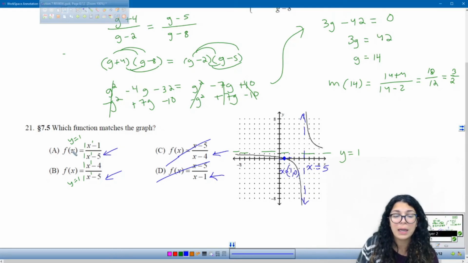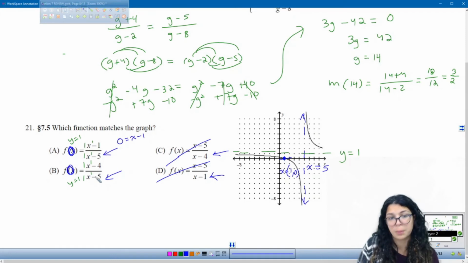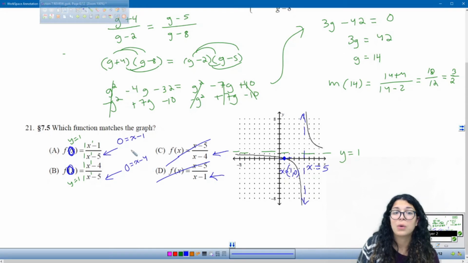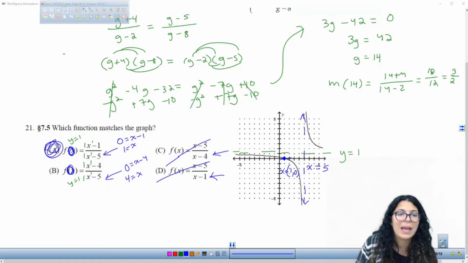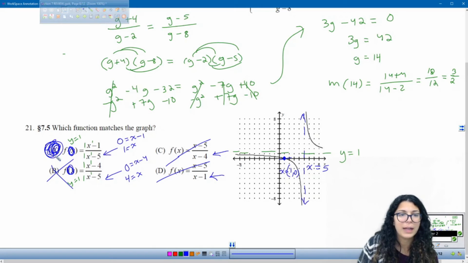If I plug in a y value of 0 and multiply by the denominator, here I get 0 equals x minus 1, and here I get 0 equals x minus 4. So here I get an x-intercept of 1, and here an x-intercept of 4. Which one is the correct x-intercept? A. So A is my answer, B is incorrect. Your answer would be A.